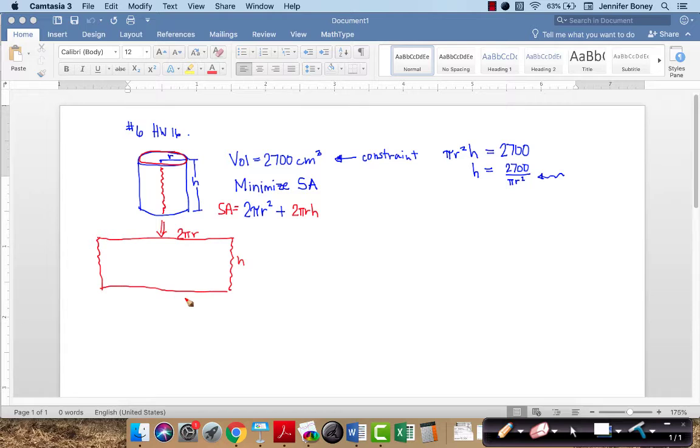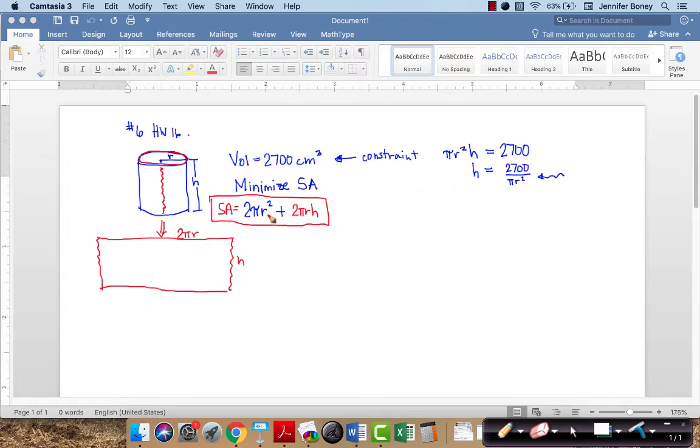So this function here, this surface area, this is the thing that we want to minimize. And why this part comes in handy is, like I said, well, I could make this as small as possible by picking any old values for R and H, but then it wouldn't satisfy the other requirement, this constraint.